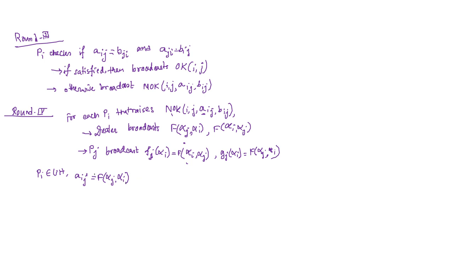So it will be unhappy if this is not equal, or Bij, that is f of alpha I comma alpha j, is not equal. If any one of them is not equal, then finally Pi goes into the unhappy set.